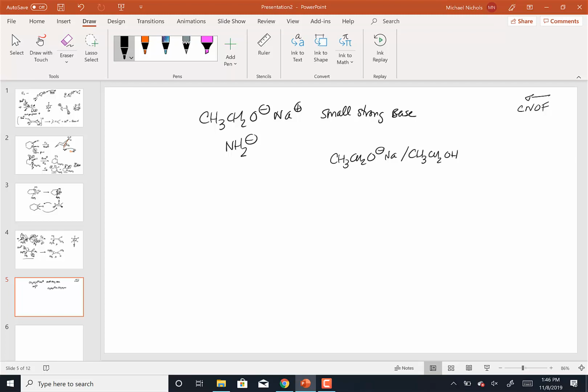You take ethanol, you dump a small piece of sodium metal in it, hopefully it doesn't catch fire, and then you get sodium ethoxide dissolved in ethanol. It's the same reaction when you take sodium metal and react it with water. Remember, you get H2 gas and then sodium hydroxide. Take that reaction, replace an H with an R, and you have how to make alkoxides.